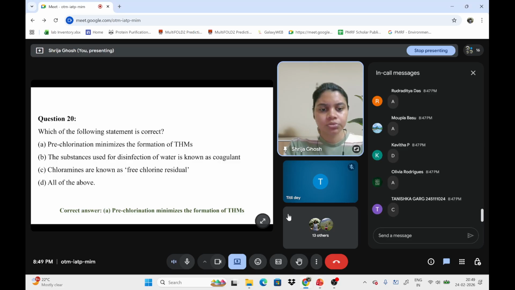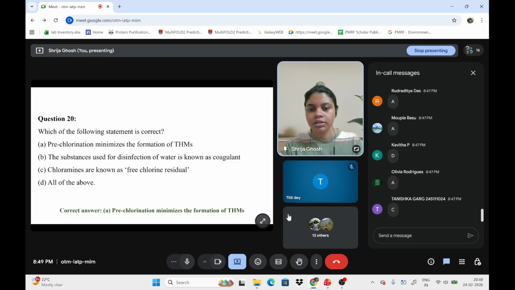With this, we come to the end of the session. If you guys have any doubt, please let me know. Does anyone have any doubt regarding any of the questions discussed today, or any other question related to the topics in the fifth week session? Any question related to nitrogen chemistry or the chlorination process?